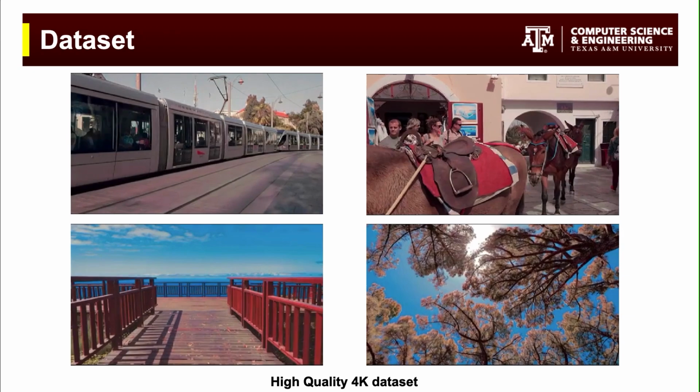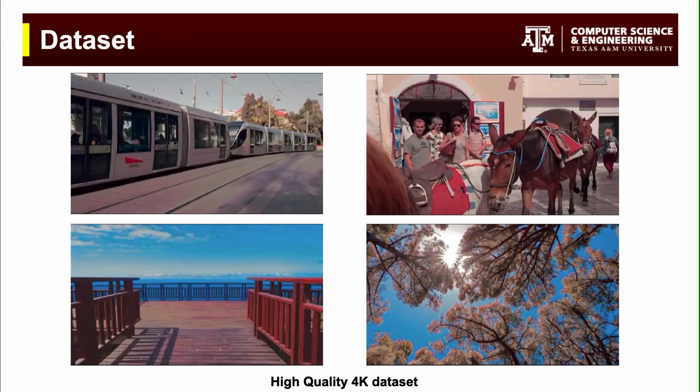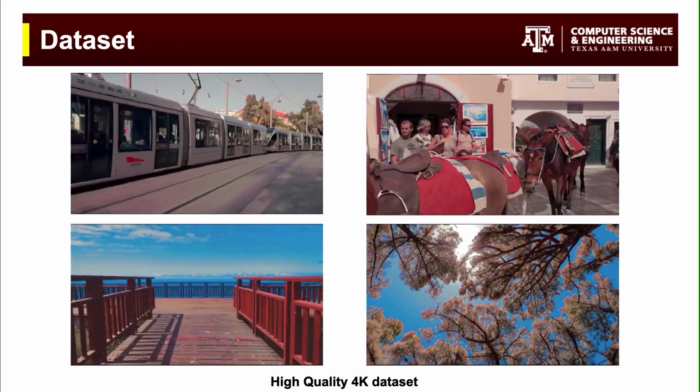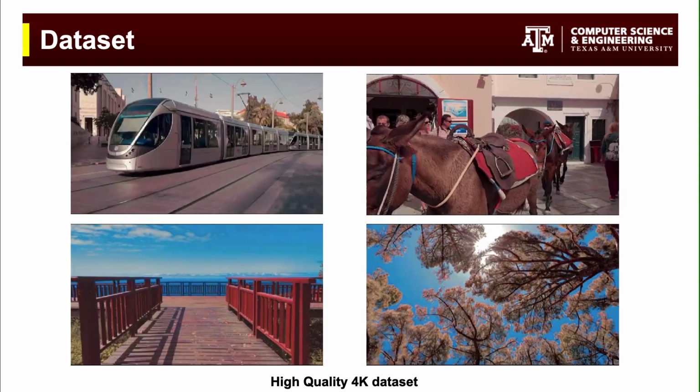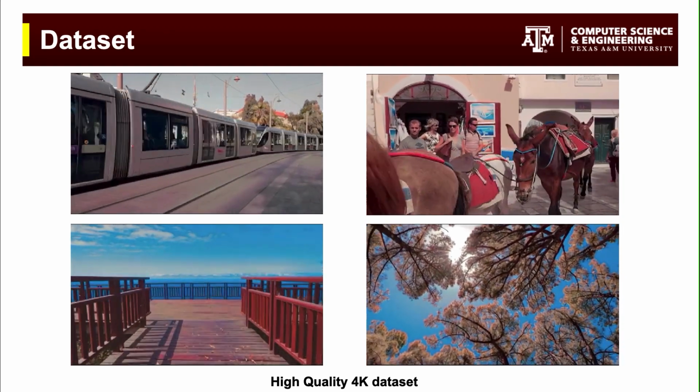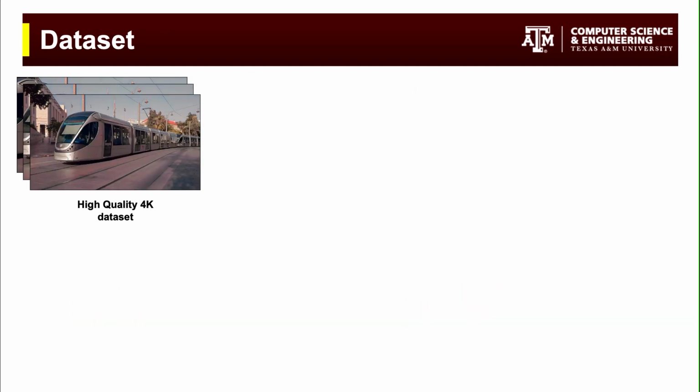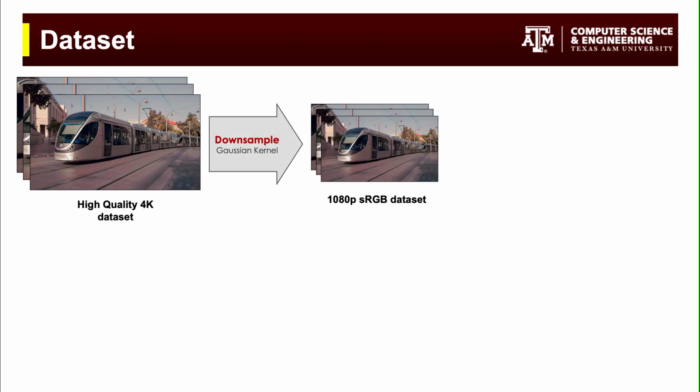Next, I discuss the process for generating our synthetic training set. We first obtain a set of high-quality 4K videos from YouTube. We then downsample each 4K video to 1080p using a Gaussian kernel. This step mitigates the noise, for example, the compression artifacts.